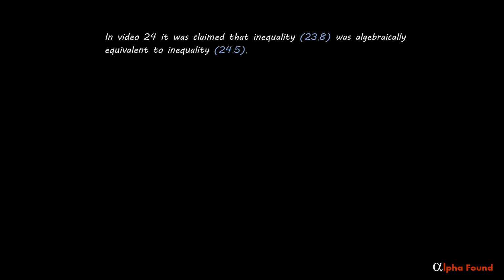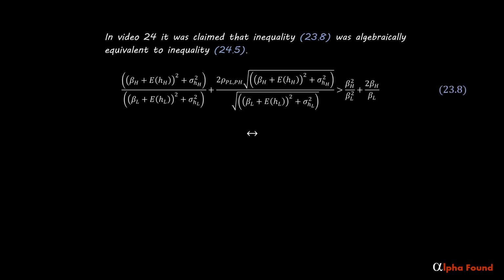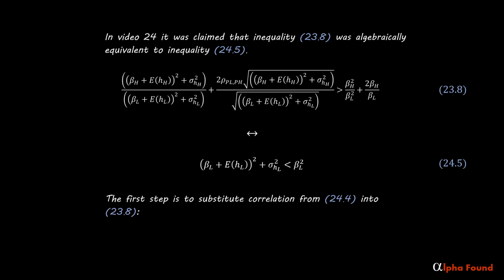In video 24, it was claimed that inequality 23.8 was algebraically equivalent to inequality 24.5. This is not obvious. The first step is to substitute correlation from 24.4 into 23.8.